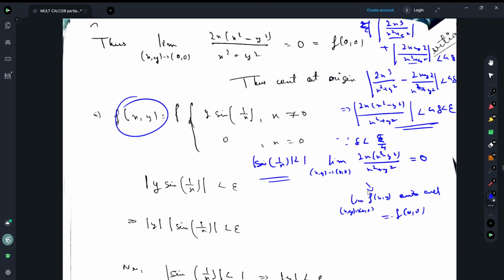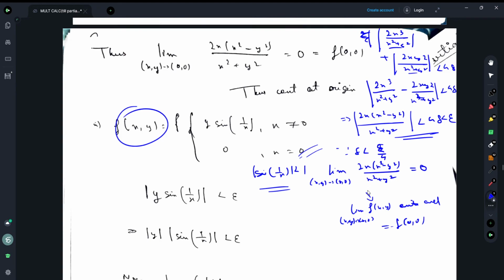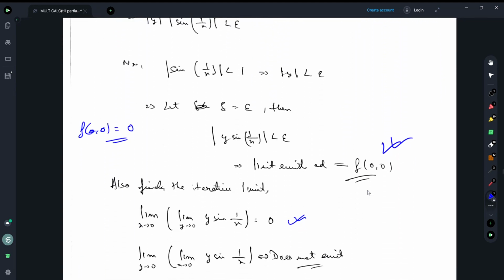I think the function is defined like, yeah, got it, at x equals 0 the value of the function is 0 when you're given this. But at x equals 0 the value of the function is 0, and you make xy approach origin, you get this.